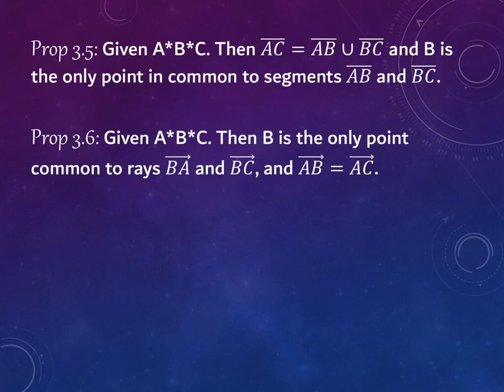Now it's a little different than what we talked about before when we talked about opposite rays. So if we have A, B, and C, like such, and we drew our line between them, B, of course, is the only point on the two rays, BA and BC.